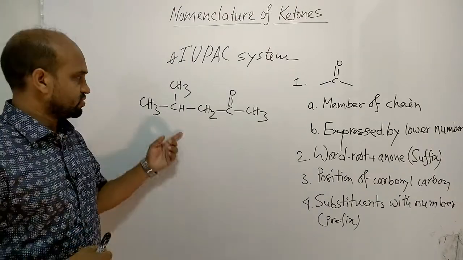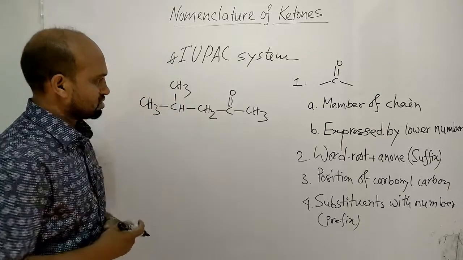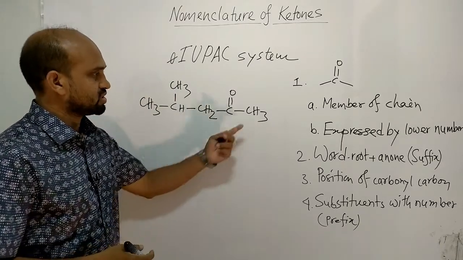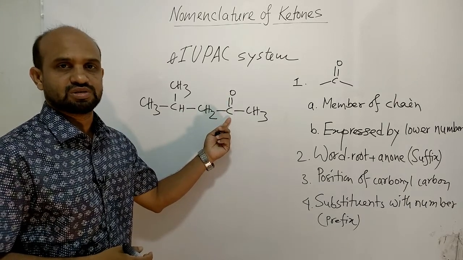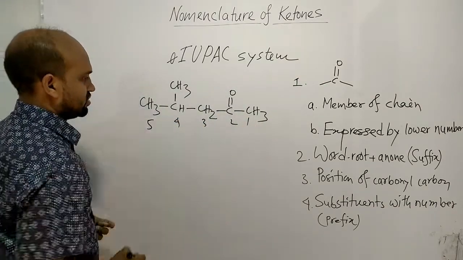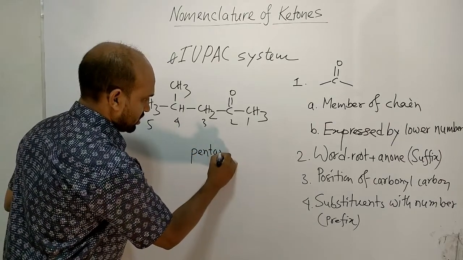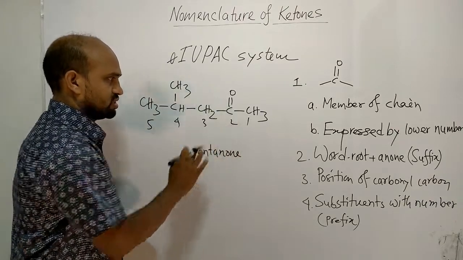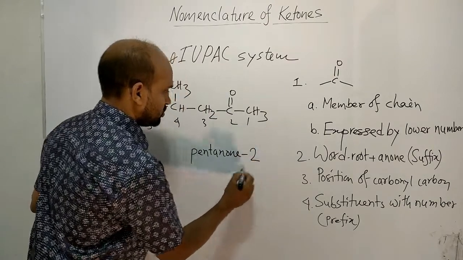The name of this other compound: here carbon atoms are numbered from the right, because then the carbonyl carbon is expressed by the lower number, that means by 2. 1, 2, 3, 4, 5, so pent is the word root, anone as suffix, and carbon 2 is the carbonyl carbon, so we can write pentanone 2.